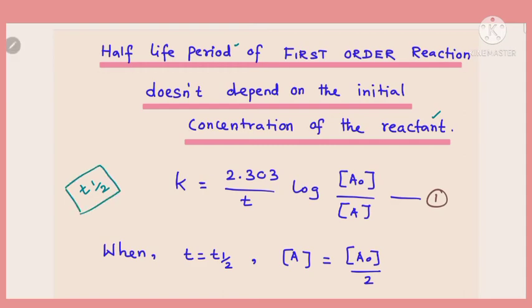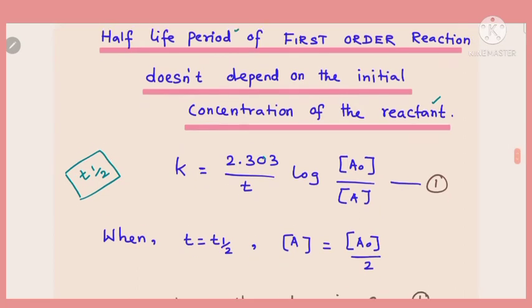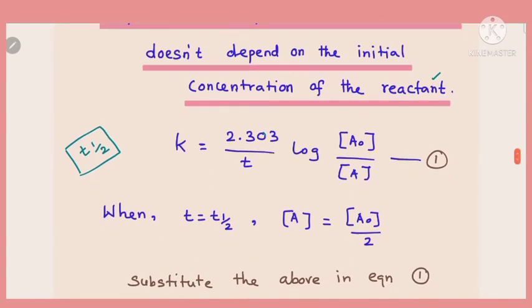First I write the rate constant equation for a first order reaction: k equals 2.303 divided by t into log of a naught by a. In the place of time t, I am going to substitute the half-life period symbol t half.